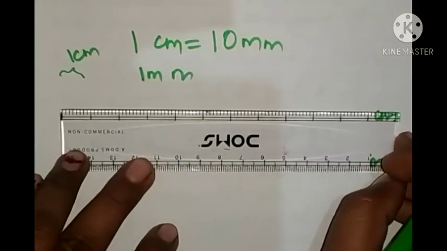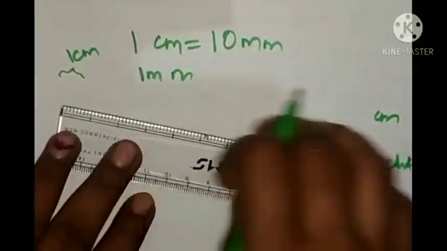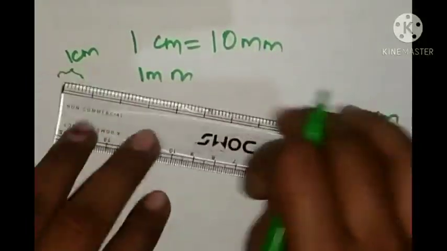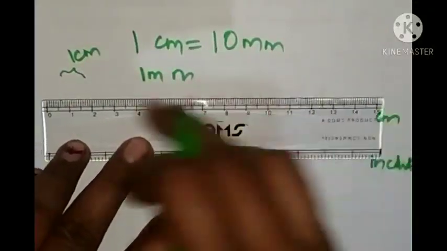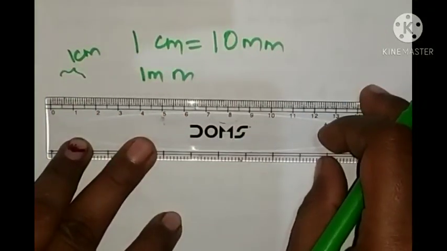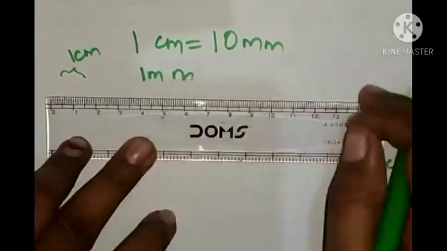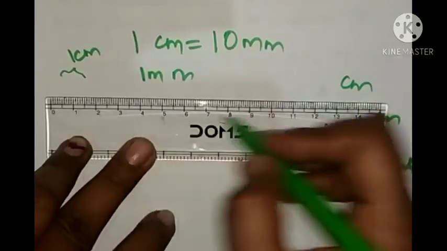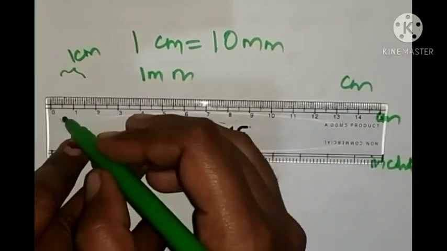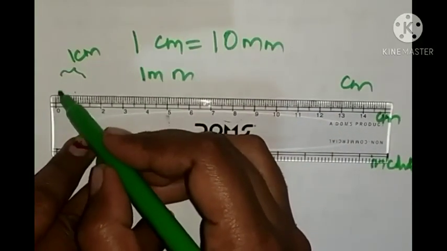Don't forget about inches, but you only have to remember this. Our main thing is, we will measure the length by this portion, which is termed centimeter. It is divided into 15 parts. Each part is 1 centimeter, starting from 0.